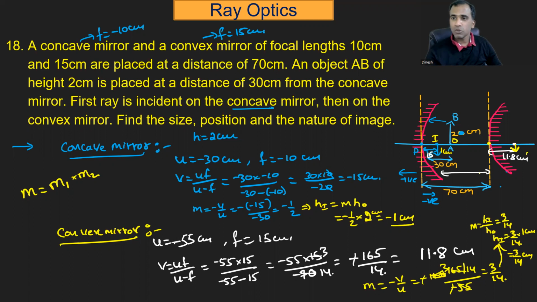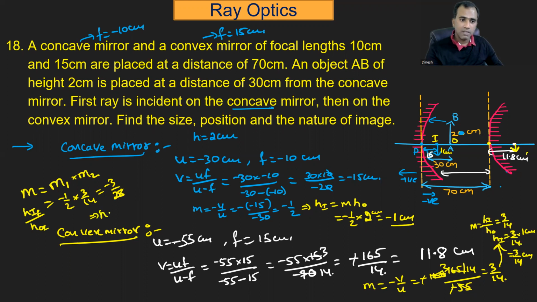Okay. So if you want the total magnification, what is the original object and final image? If you take the ratio of them, you'll get the total magnification. So 3 by 14 divided by 2, that will give you the total magnification. Or you can also do it like this. First magnification factor, second magnification factor. First magnification factor is minus half into second magnification factor is 3 by 14, which is minus 3 divided by 28. So this is height of the image, final image, divided by height of the object, initial object.